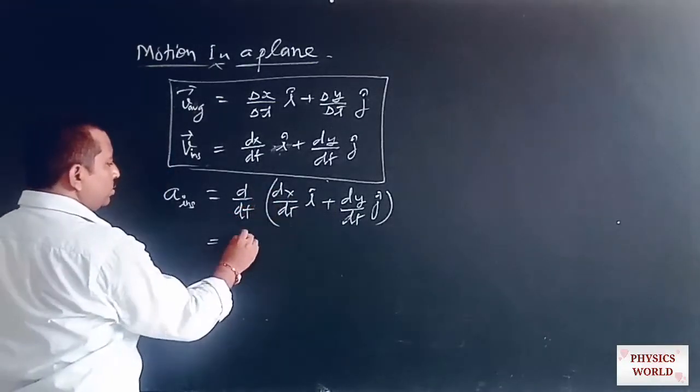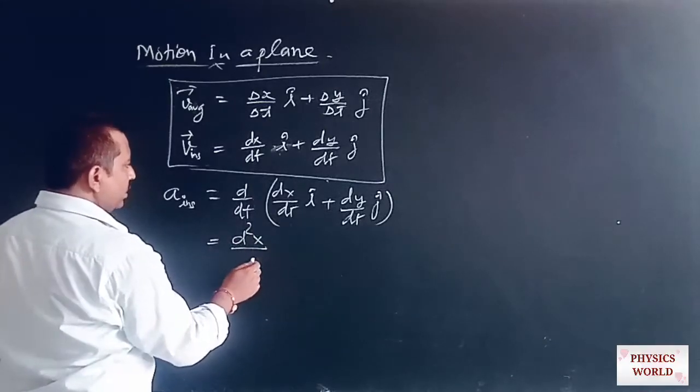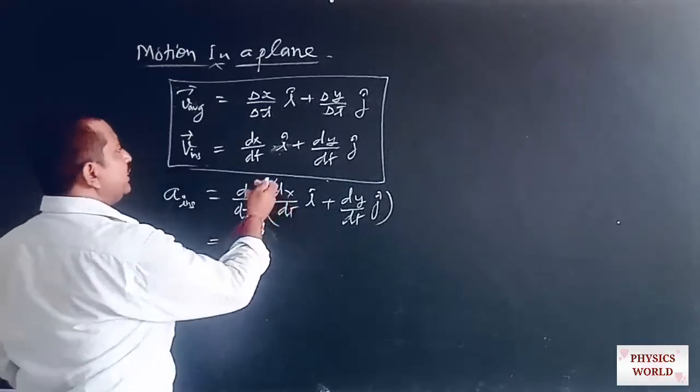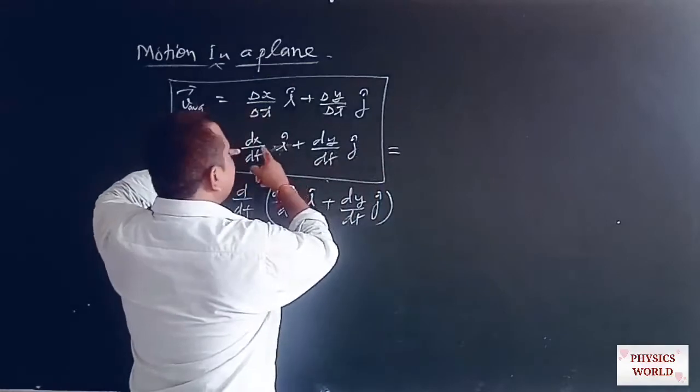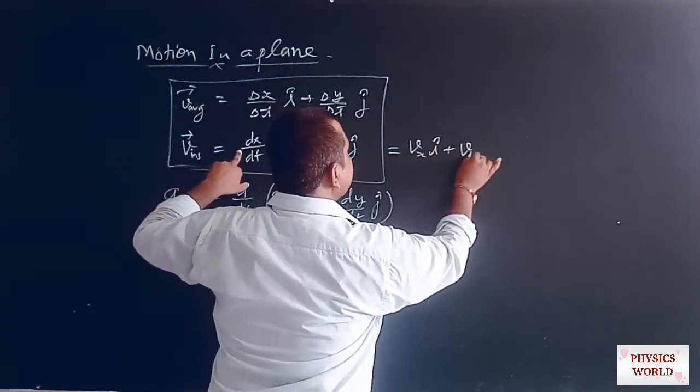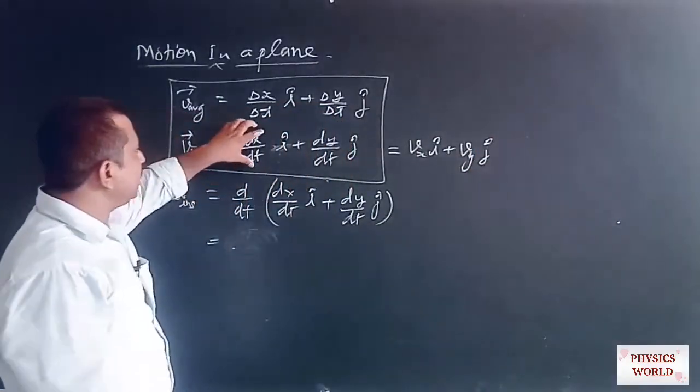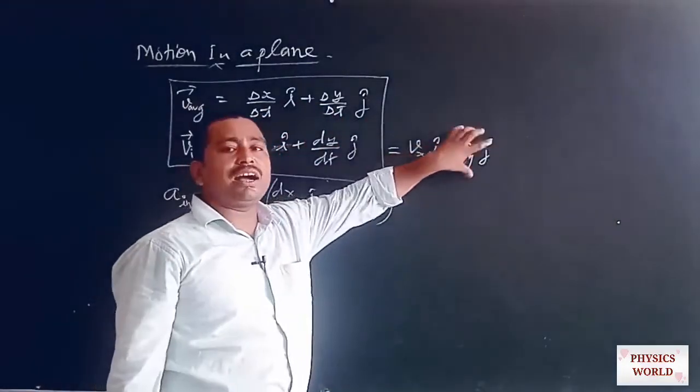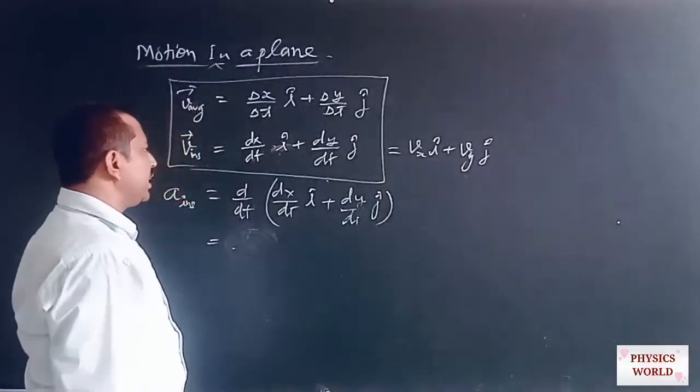If we write this as vx i cap plus vy j cap, it means the velocity along the x-axis and the instantaneous velocity along the y-axis.